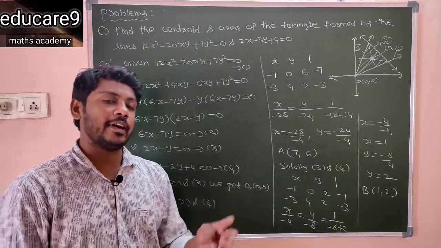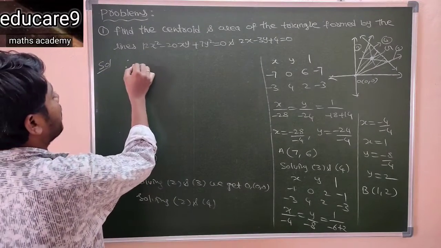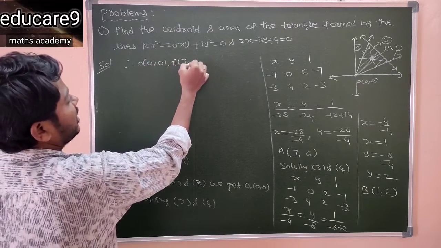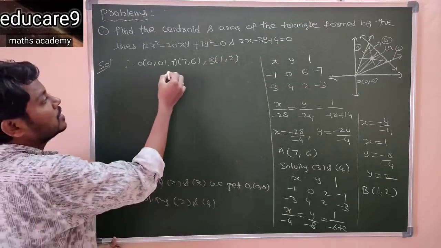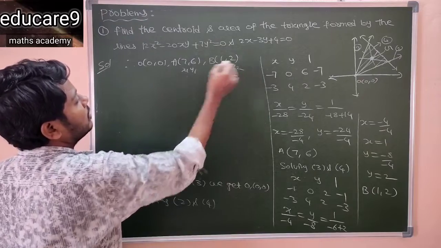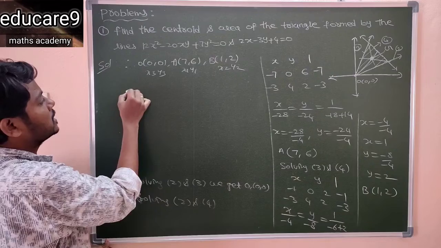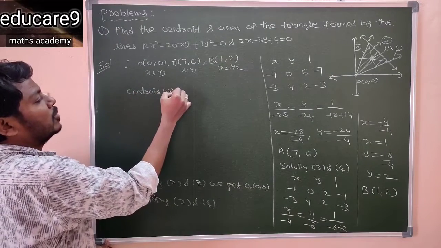So now you need to find the centroid and the area of the triangle. Therefore O is 0, 0, A is 7, 6 and B is 1, 2. Here these are x1, y1, x2, y2, x3, y3. So first the centroid. What is the centroid formula?